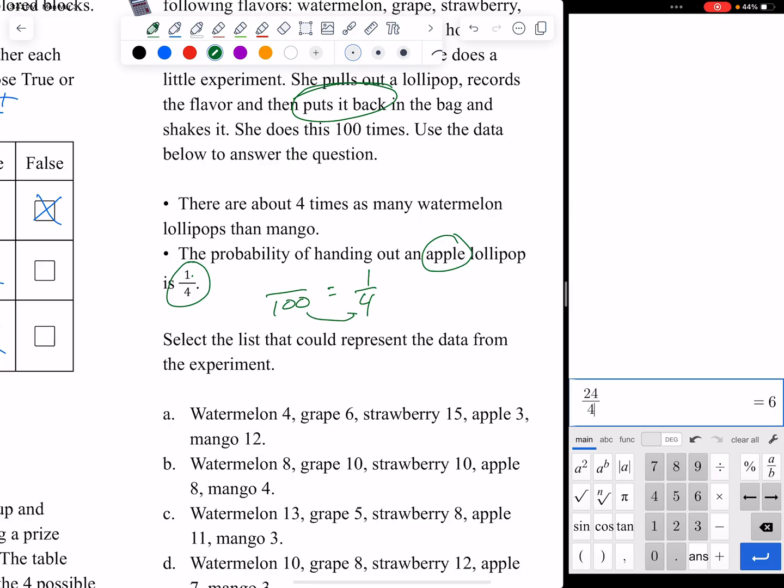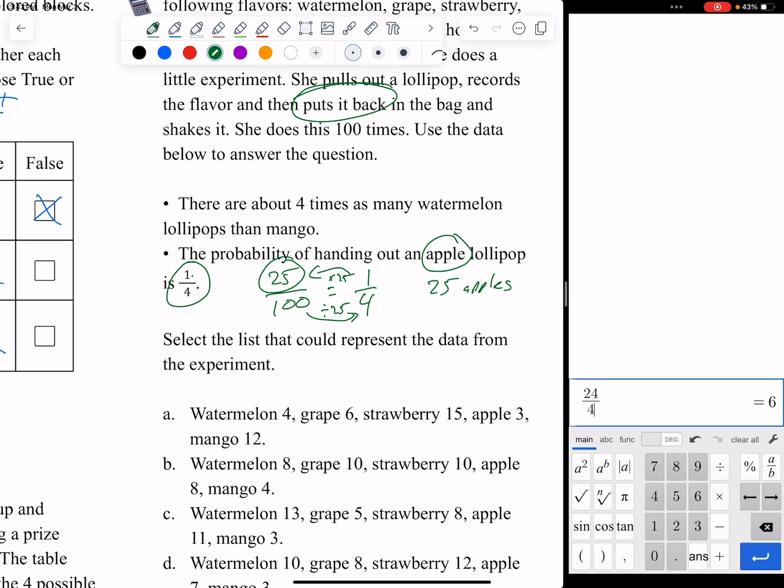Well, the reason I said 1/4 is that if I divide by 25, there are 4 quarters in 100. So if I go backwards, times 25, out of 100 times that she went in there to get a lollipop, 25 of those should have been an apple. So if it's 100, 25 apples.